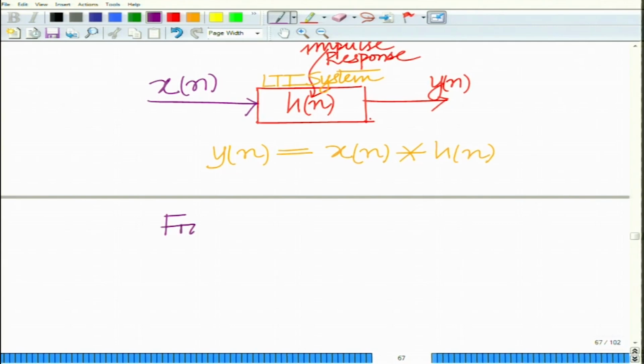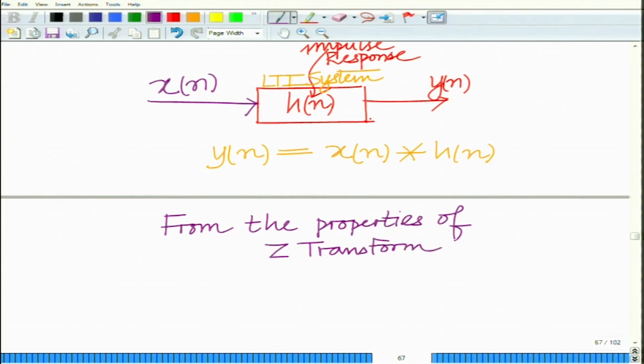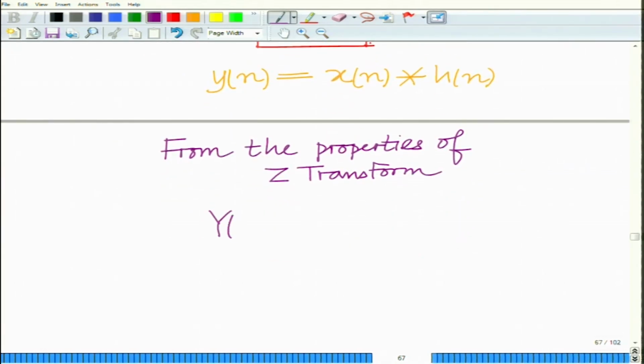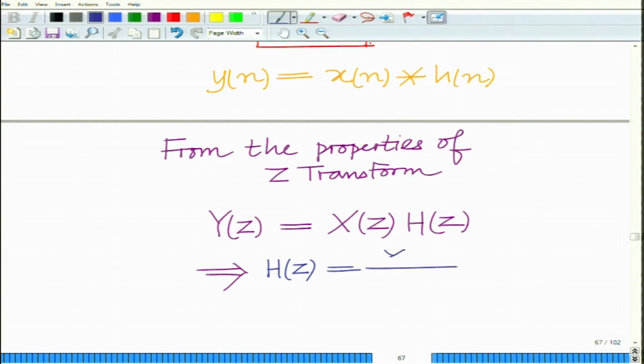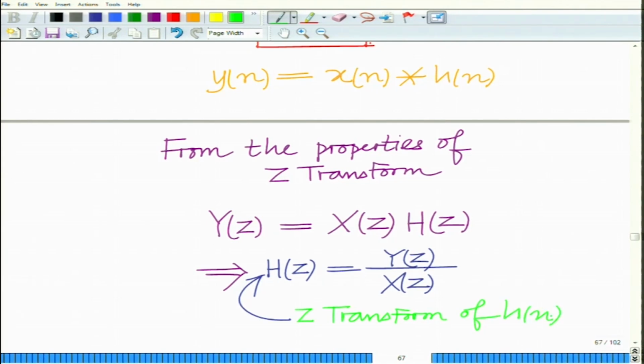Therefore, from the properties of the Z transform, it follows that Y(z) equals the multiplication of the Z transforms, X(z) times H(z). This implies the transfer function H(z) equals Y(z) divided by X(z), where H(z) is the Z transform of the impulse response h[n], that is the impulse response of the LTI system.